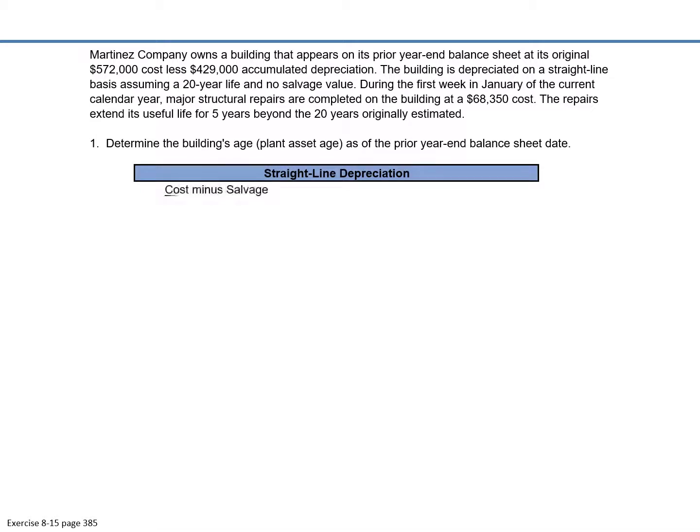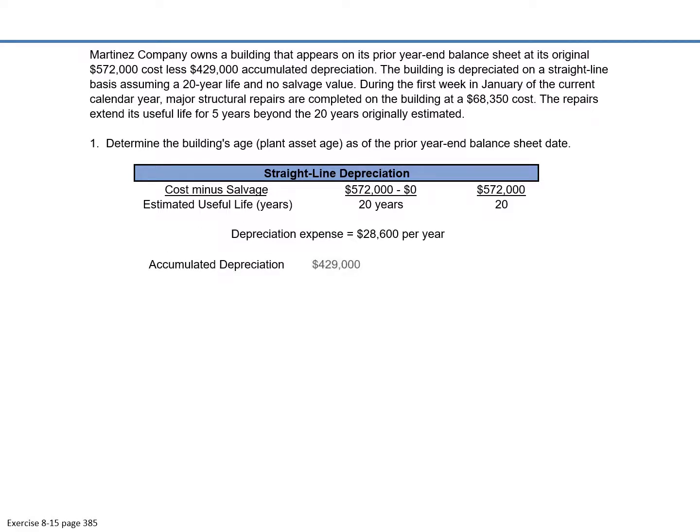So let's figure this out. So we've got $572,000 minus 0 salvage, and it was an original 20-year life. So that means our depreciation expense is $28,600 per year. And they tell us our accumulated is $429,000.